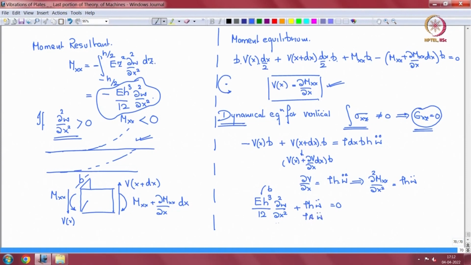So I get EI del 4 w by del x4 plus mass per unit length, rho A, w double dot equal to 0. Okay, so that's how you get the Euler-Bernoulli beam equation using regular force balance.